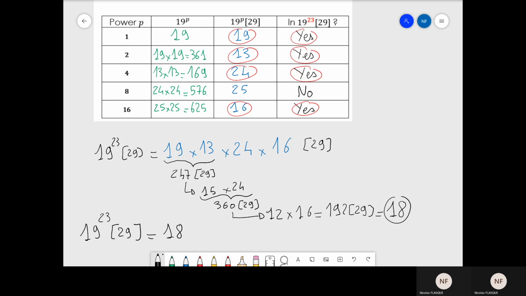Actually, the biggest number we've written so far from the table is 625, and applying modulo 29 is quite easy to do, even with a standard calculator or a computer. So I hope this explanation was clear and that now you're able to apply this kind of method to calculate some powers modulo n.